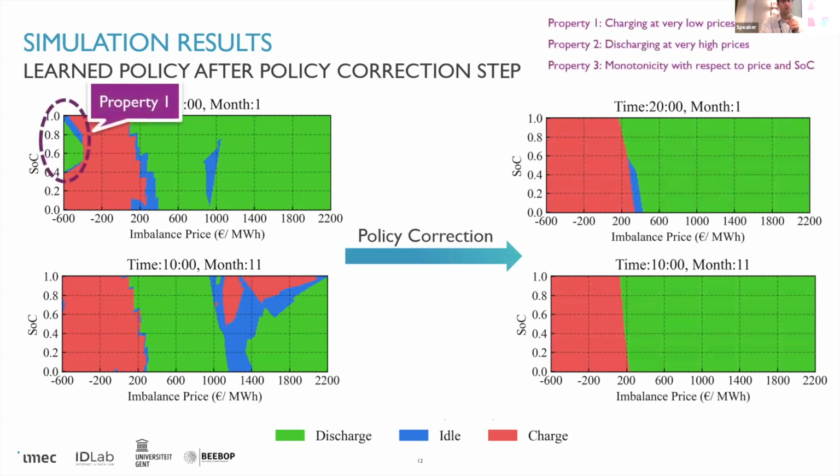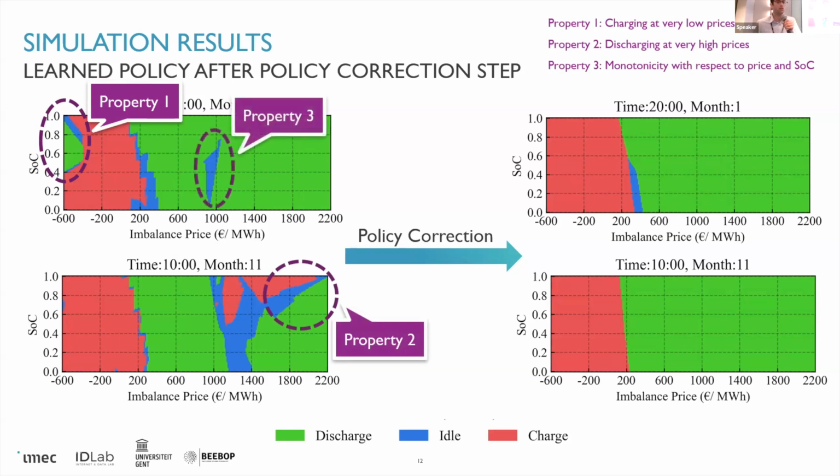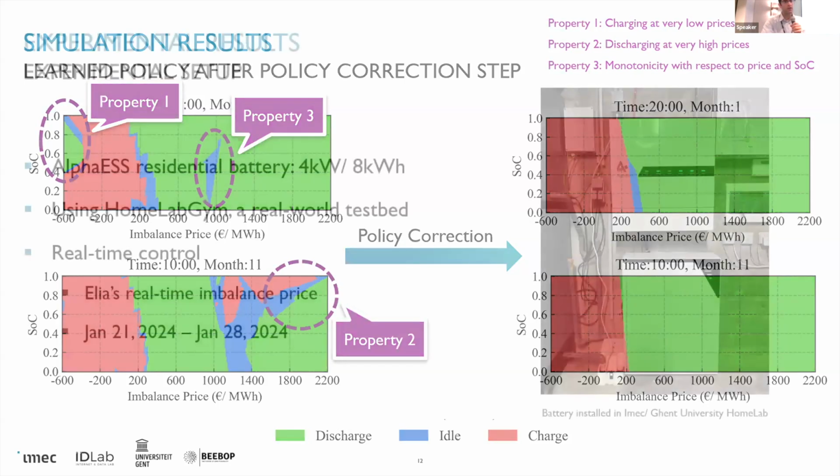To be a bit more specific, this region that I highlighted was corrected based on our first property, which pointed to charging at very low prices. This part of the region was corrected based on property 2, which was discharging, and this blue hole in the middle of the policy was corrected based on the monotonicity constraint, or property, that we had.